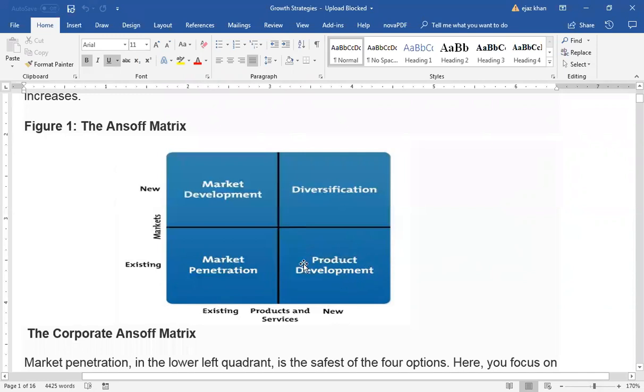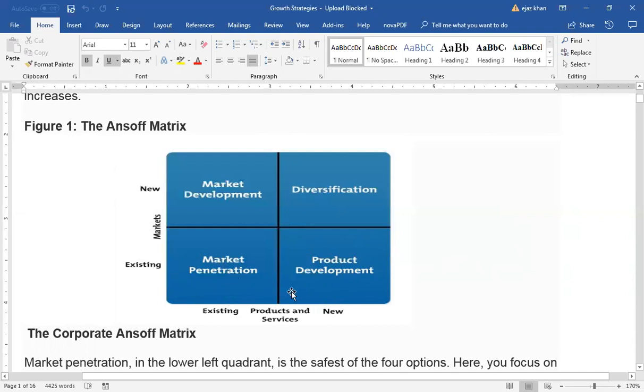That strategy will be called product development. So if a company wants to stay in its existing market, offering to the same customers, but with a new product because they don't see any opportunity of increasing the market share of its existing product, it can offer a new product into this market.